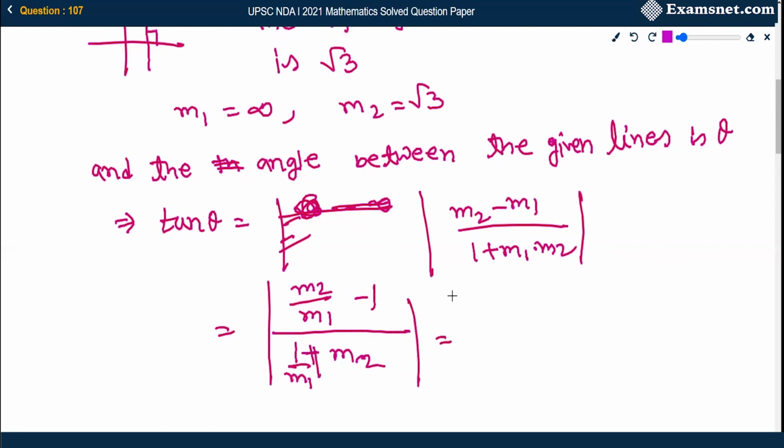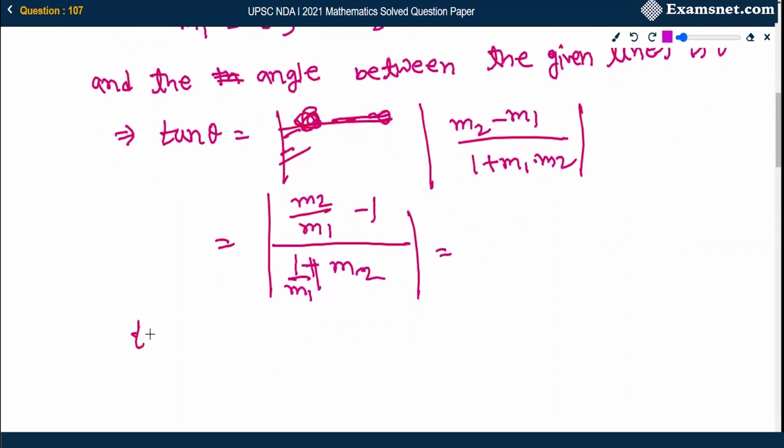That means here, 1 by infinity means 0, correct? And also m2 by infinity, root 3 by infinity, is not defined, so we will get tan theta equals 1 by infinity means 0, so 0 plus m2 means root 3, and here mod of minus 1 by root 3, so it will become 1 by root 3.